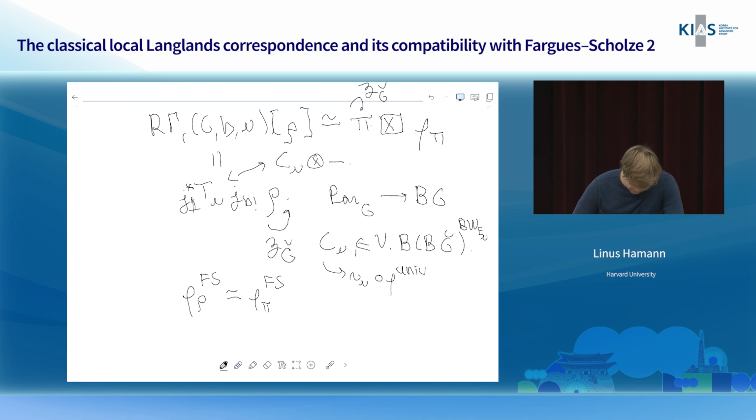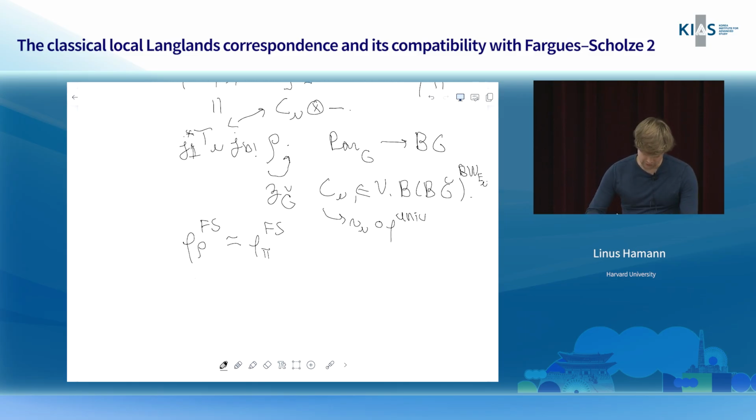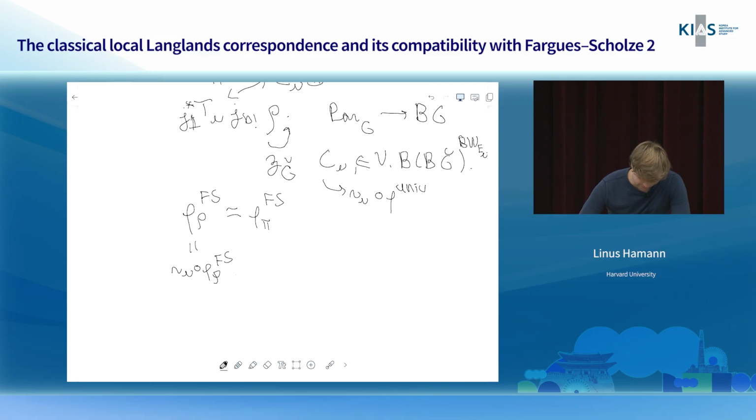with R mu. So in particular, the fact that we see the Weil group here, phi pi, actually tells us that we should see in the Weil group action of this, well, R mu composed with phi rho Fargues-Scholze, but it's the standard representation, so that's the same.